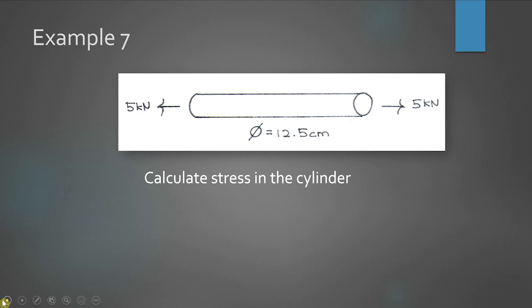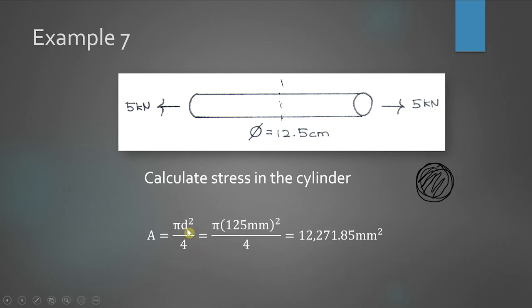Same with this one, calculate stress in the cylinder. In the cylinder, just calculate the area, cut here, and calculate the area of this circle: pi d square over 4 or pi r square, same. But here you see it is 12.5 cm.